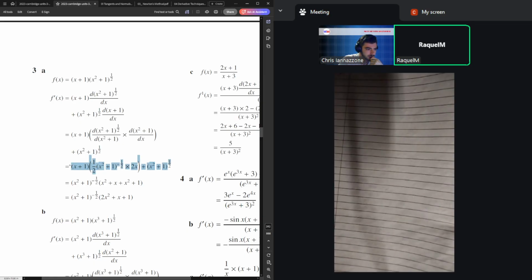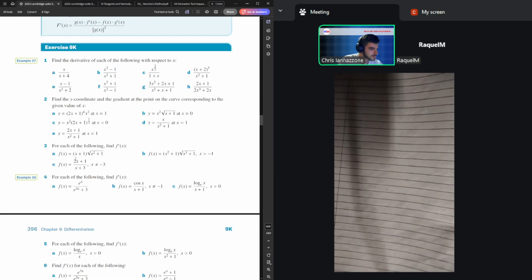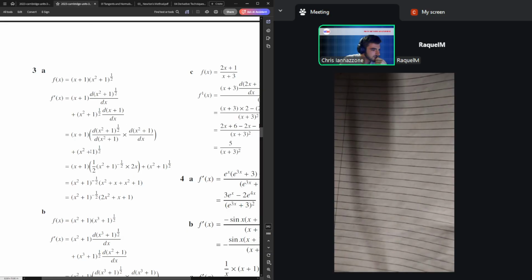You get onto this stage here, and then... Oh, actually, this does seem a bit strange. Am I in the right chapter? Oh, this is product rule. Yeah, that's why. Are you using quotient rule for this? This one I tried, I used product rule. Okay, cool. I was like, where's the fraction? Then I realized it's product rule.